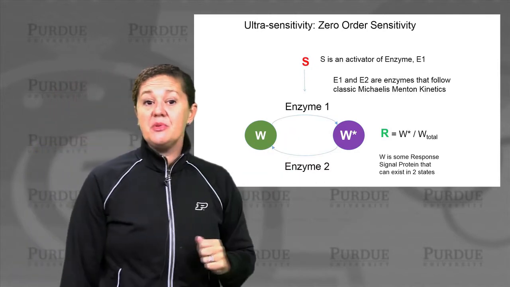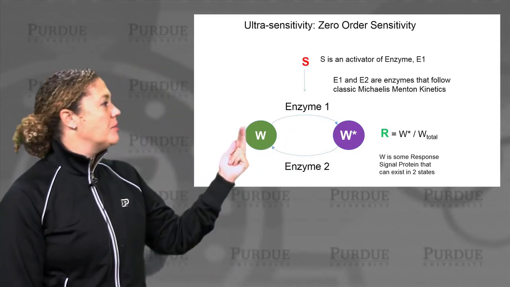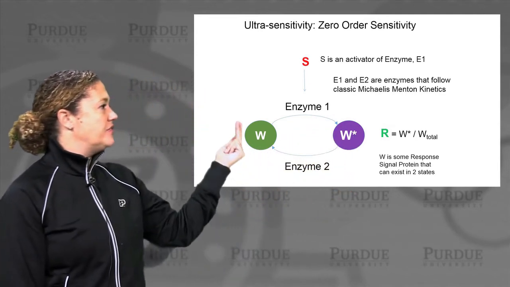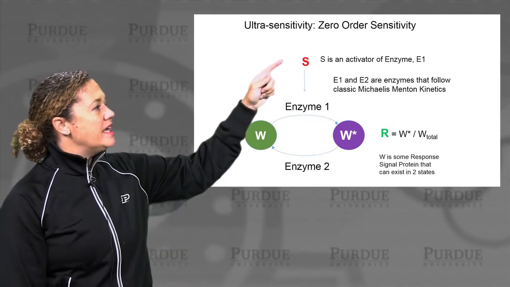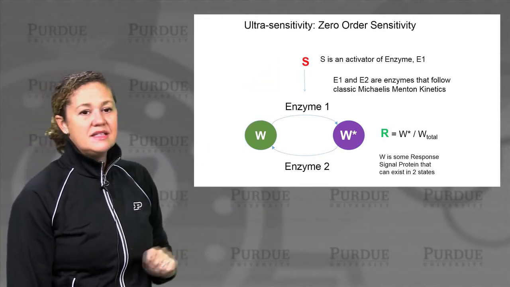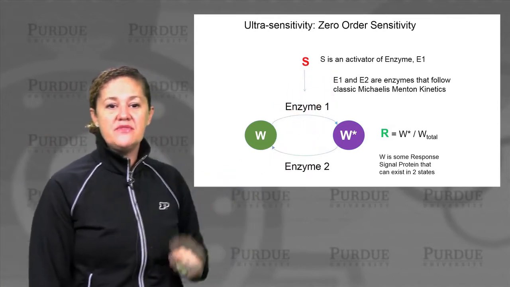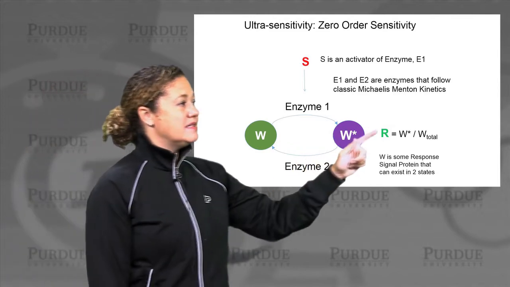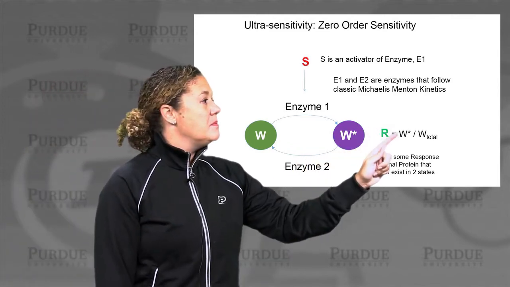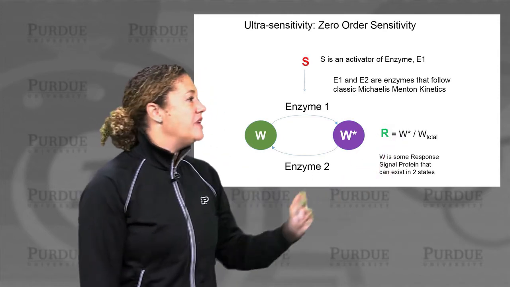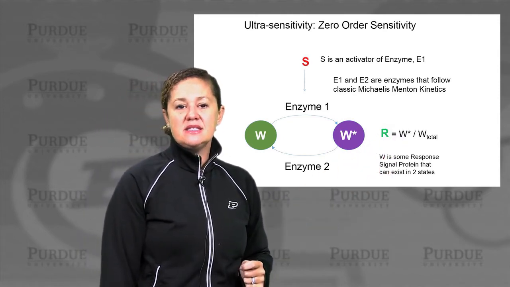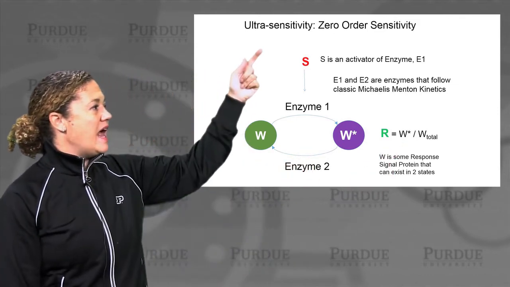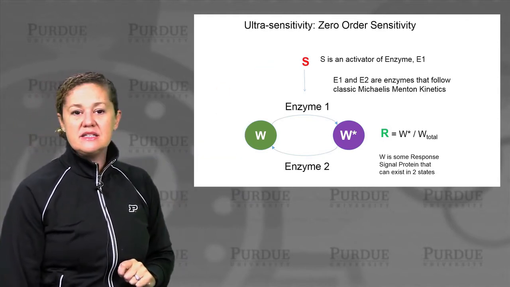A common example of this might be phosphorylation, where protein W is phosphorylated and gets unphosphorylated. So now, if our signal S is an activator of one of these enzymes, we construct this circuit and have this response, looking at basically the mole fraction of how much of our protein is in the state W star, will depend on how much of our signal is around.